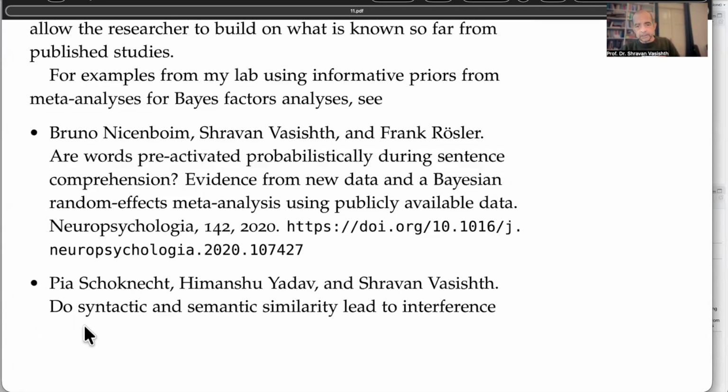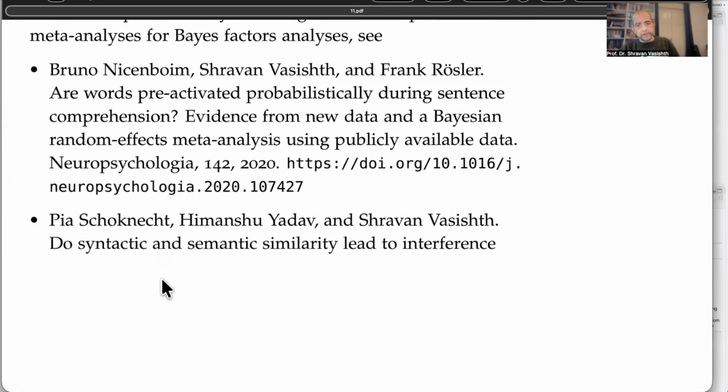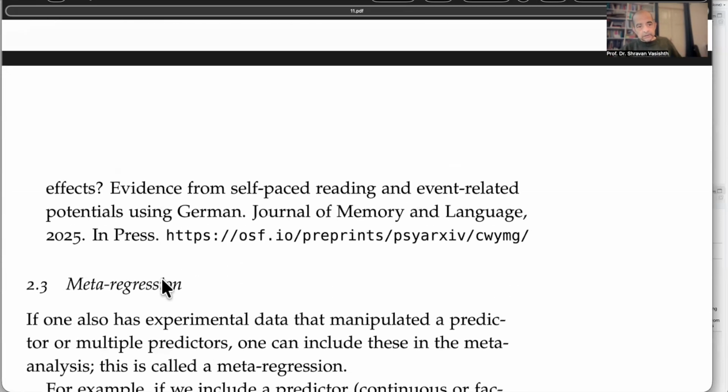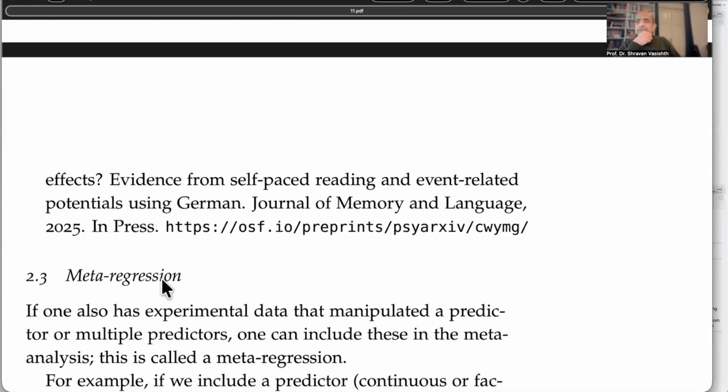In another paper that is also now published, we build on Julie's work, actually Julie Van Dyke's work, what I just demonstrated. We build on that explicitly when we carry out a new experiment. So all these methods are not being used in cognitive science.